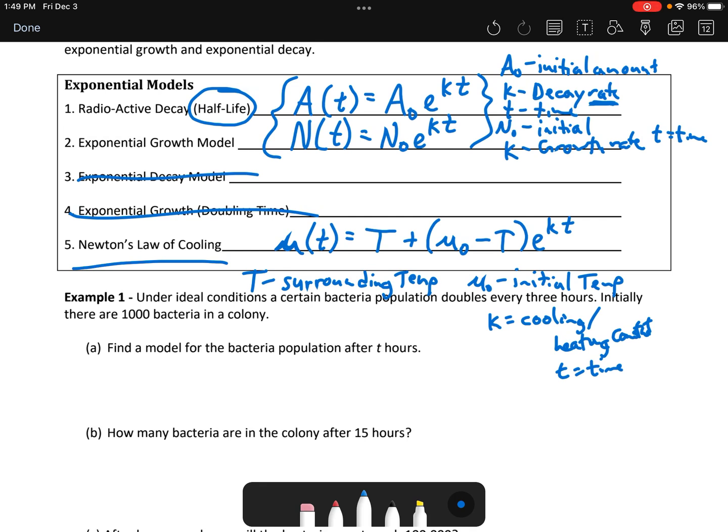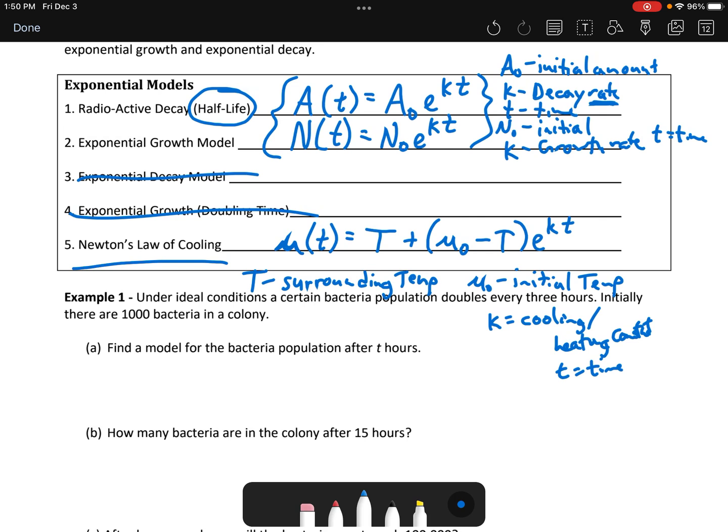If you have a hot cup of coffee and you put it down, over time it cools off to room temperature. That's what this formula predicts: how fast, and what temperature. K is our cooling or heating constant, and t is our time.